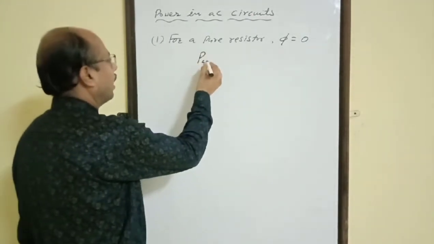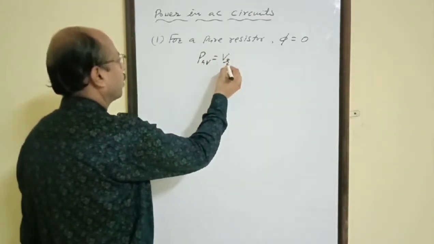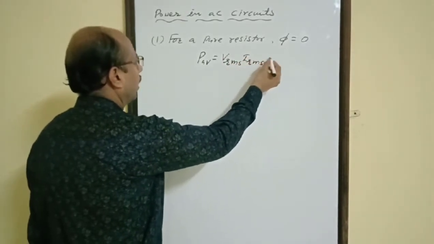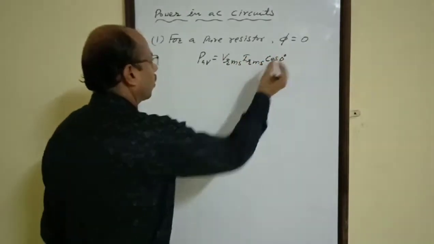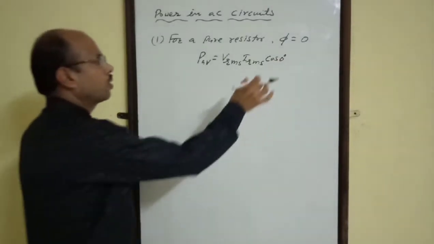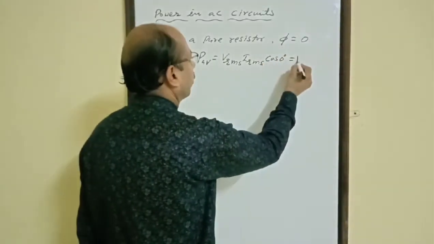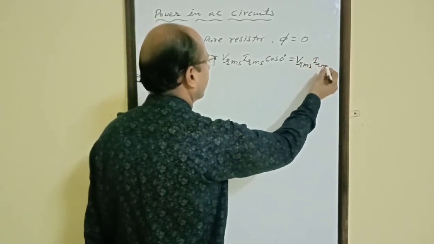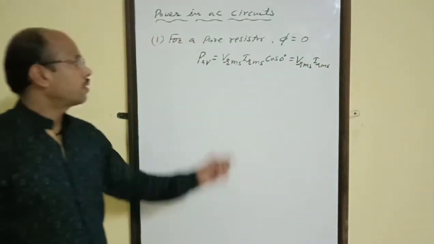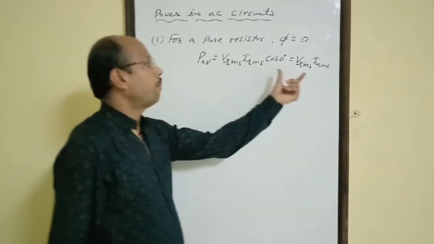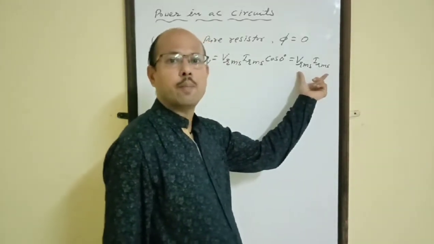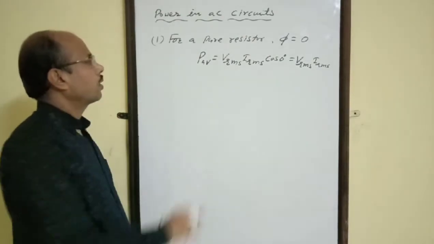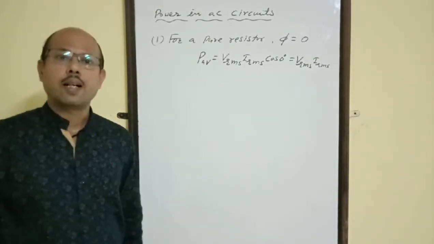Therefore, P average will be V RMS I RMS cos 0, and cos 0 becomes 1. Therefore, P average equals V RMS I RMS. It means a resistor consumes maximum power, and that is V RMS I RMS. Or we can say the power consumed by a pure resistor is V RMS I RMS.